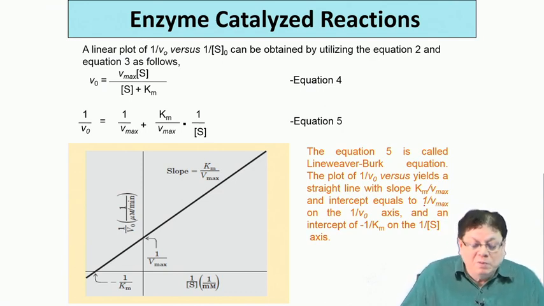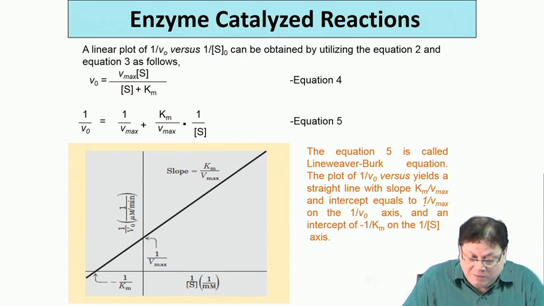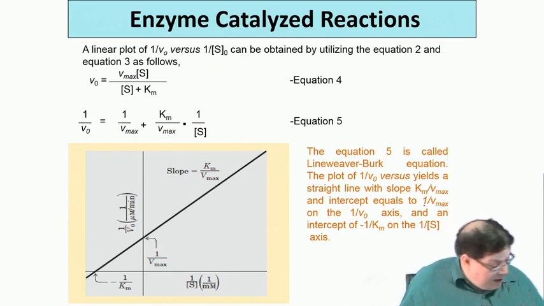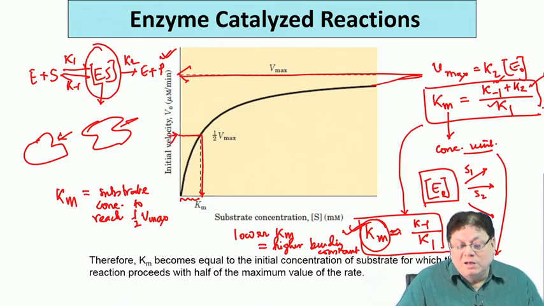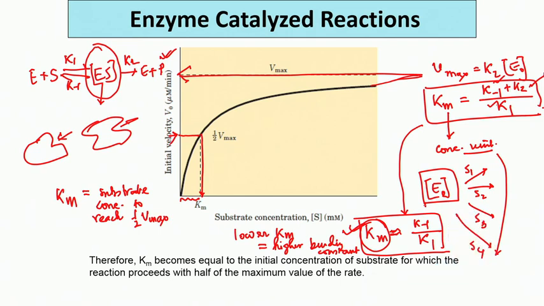Okay, now, how do you really prove that the Michaelis-Menten equation is correct? As I said, the earlier graph was not a linear graph, it took a shape like this. So, it is very difficult to really plot a graph which is not linear. What we always try to do is to have a linear graph.